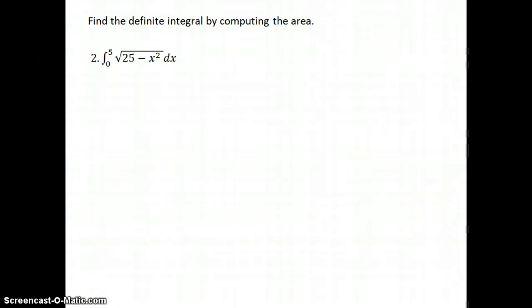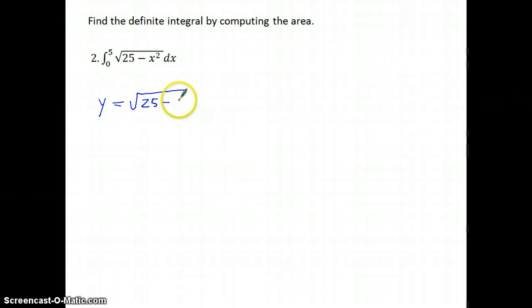We want to find the integral by computing the area from 0 to 5 for this function, the square root of 25 minus x squared. What the heck does that mean? Well, you could just plug it in your calculator and you'd see a half circle, but let's know why the calculator does what it does.